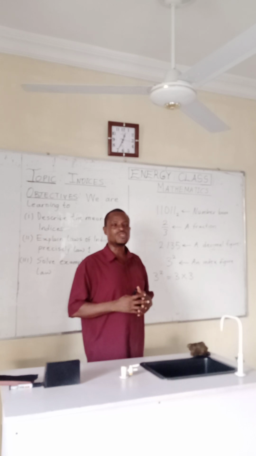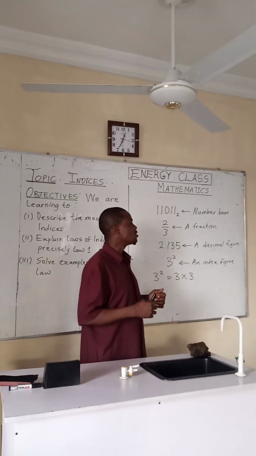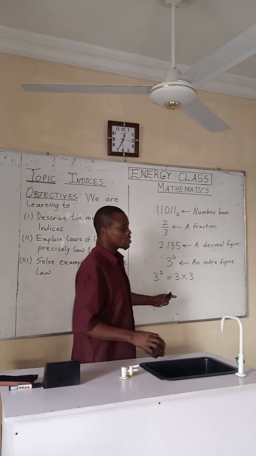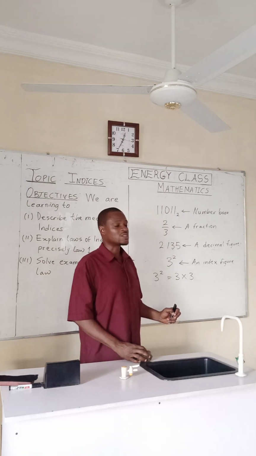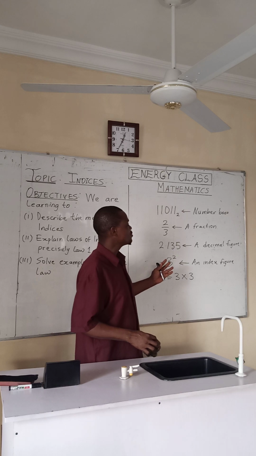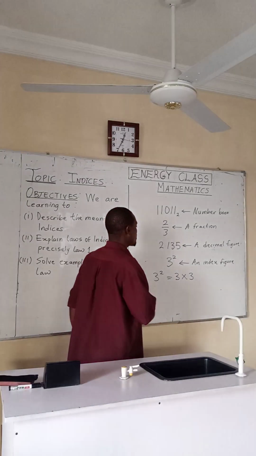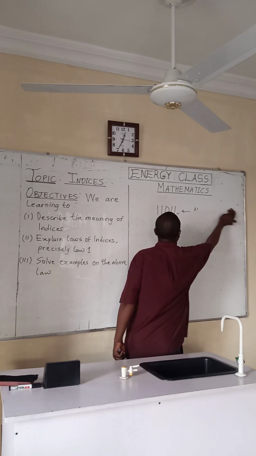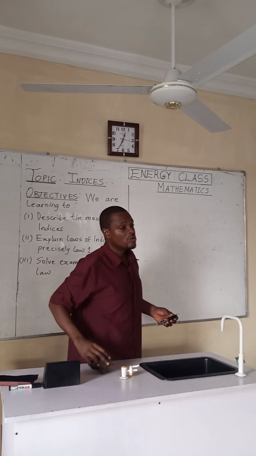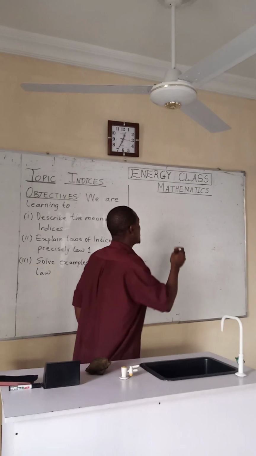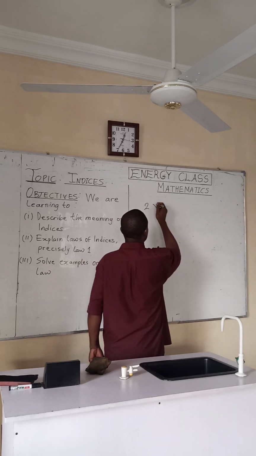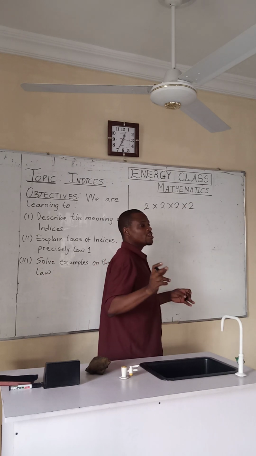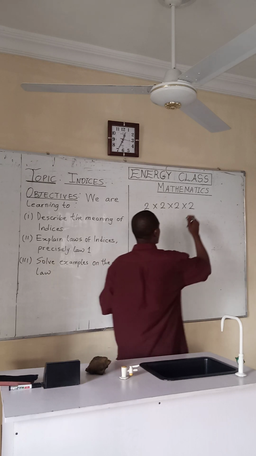But let's go to the explanation proper about indices itself. Look at this properly before I move to the next explanation. Now, if we have 2 times 2 times 2 times 2, how can we write it in index form?